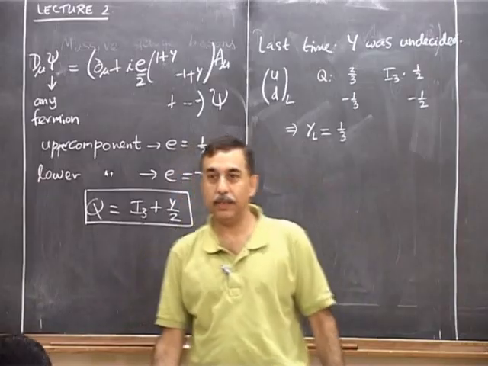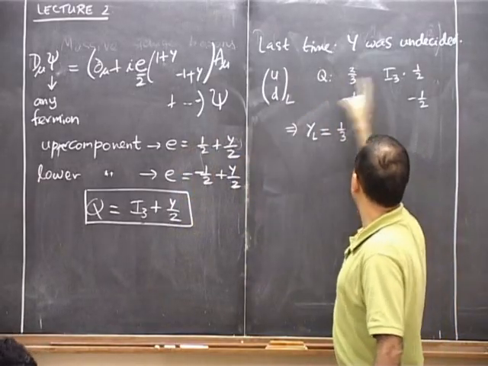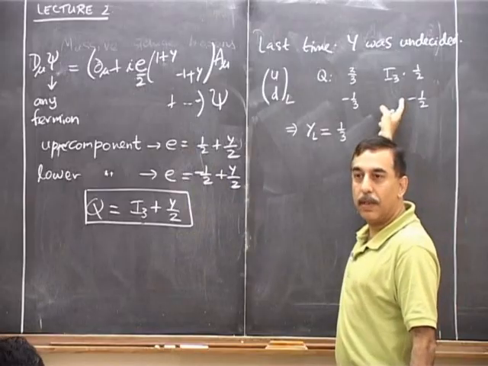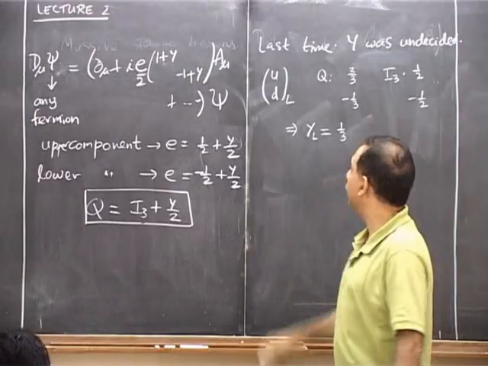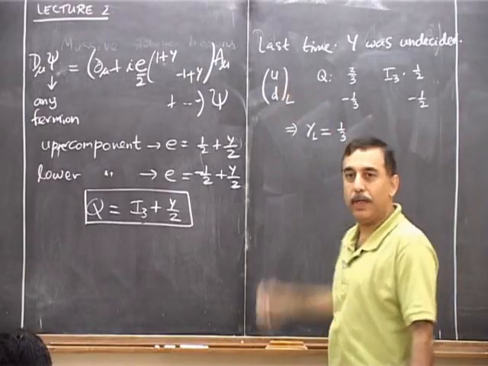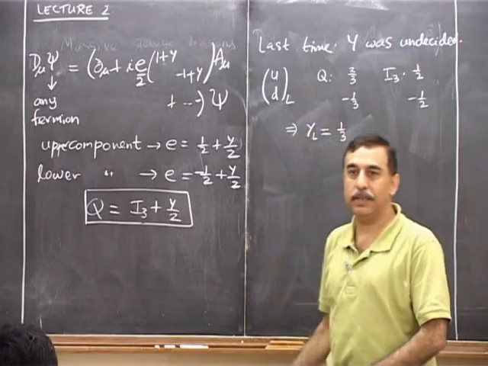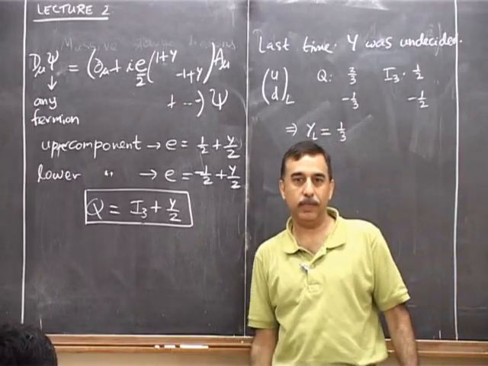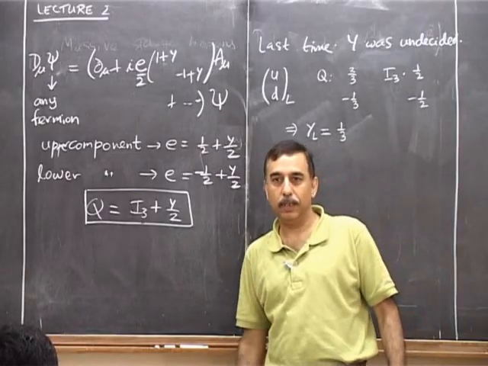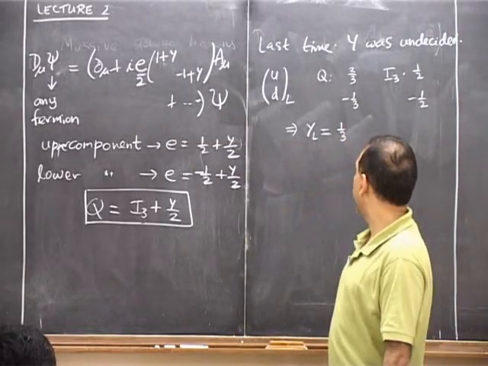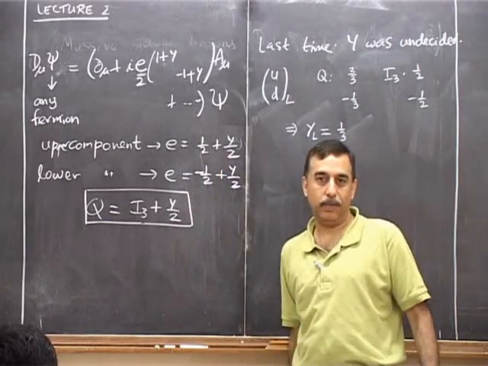Notice a common Y, despite the fact that the electric charges are different and the I3s are different. This is not as much of a miracle as it may seem. The whole point is that the electric charge of the up and down quark differ by 1 going down. That's exactly what encourages you to put them in a doublet in the first place. Same is true for neutrino and electron. They differ by 1 going down, and that puts them in a doublet. So that guarantees that the hypercharge is going to be the same for both members of the doublet, which it has to be.